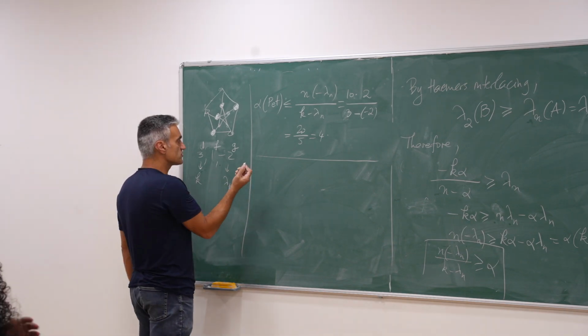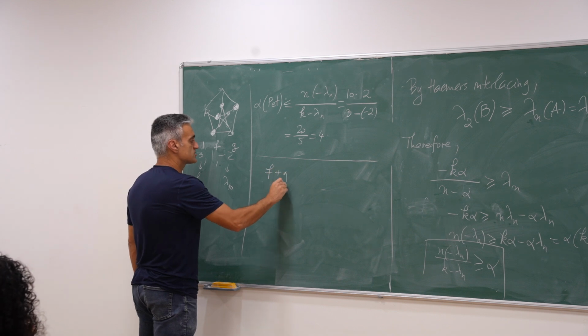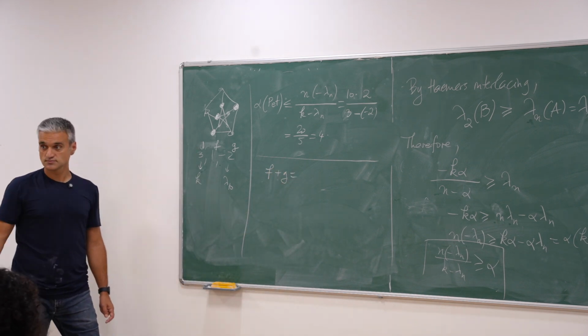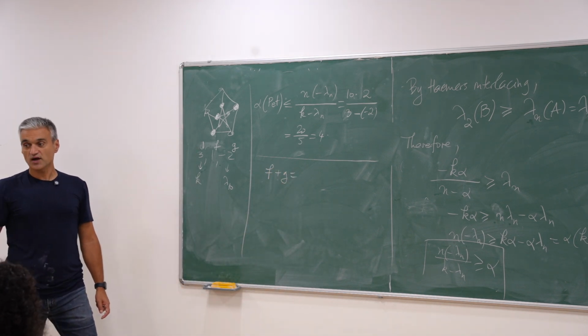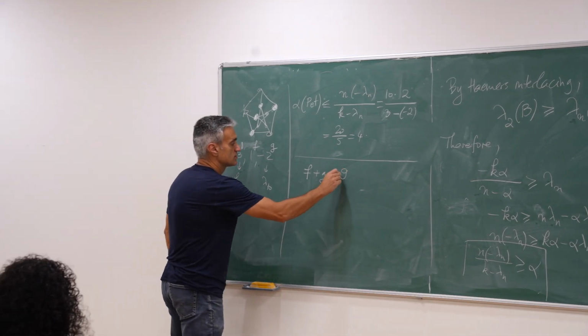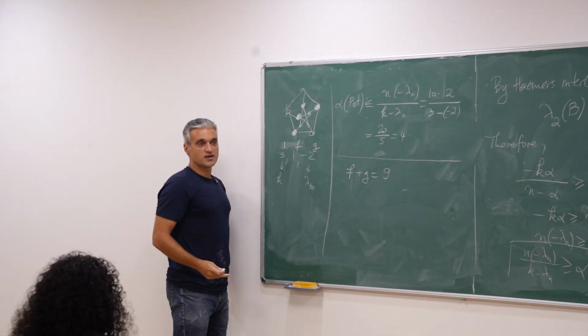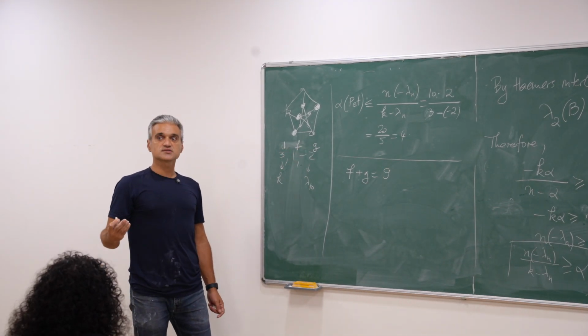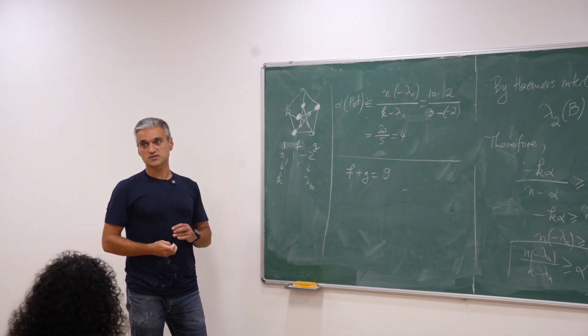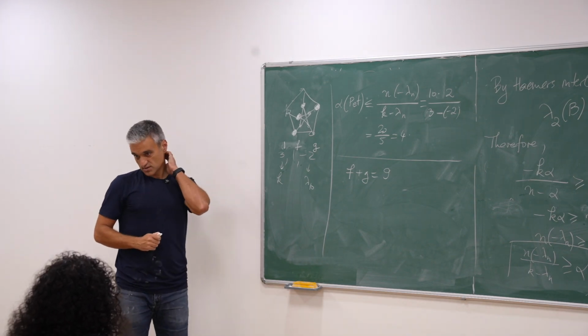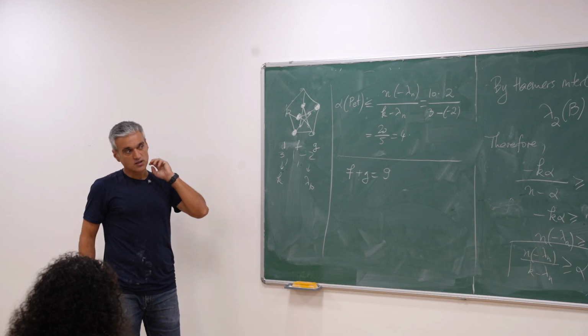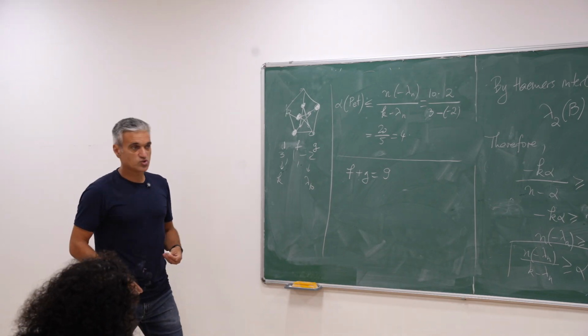So if I want to find f and g, f plus g equals 9, because 1 plus f plus g should be 10. And where else do I find one more equation about f and g? We've done it before. The trace. So you can look at the trace.